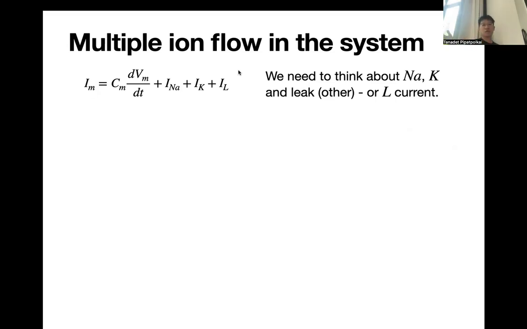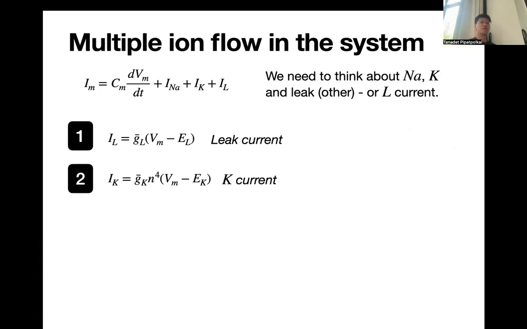Now, I will go through each term and explain how the ions flow differently in the system, starting from the leak current, which is very straightforward. It's the conductance of the leak current multiplied by the potential difference for the leak current. So similar to what I've just shown you in the past. But now we want to think about potassium. Again, we have Vm minus Ek, similar to what we've just seen.